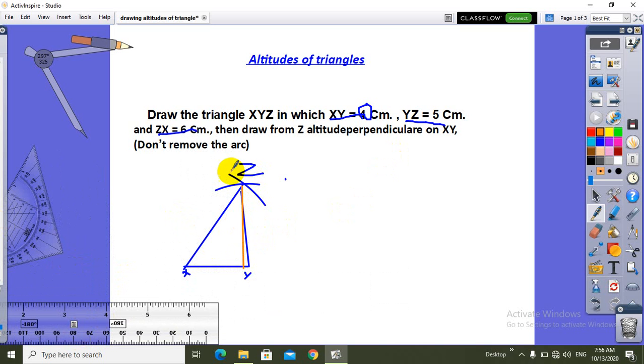Now we have from Z a perpendicular on XY, and this is the first altitude from Z, and we have another two altitudes, from X on ZY and from Y on XZ.